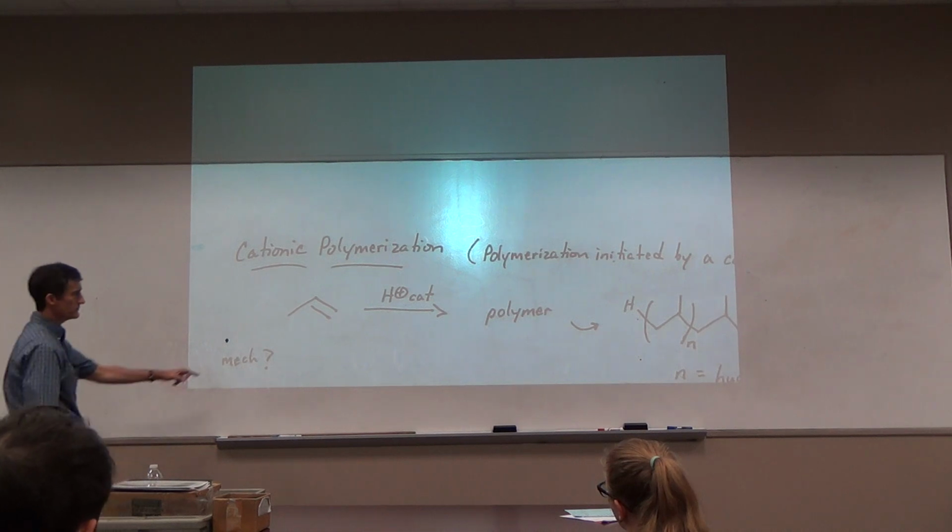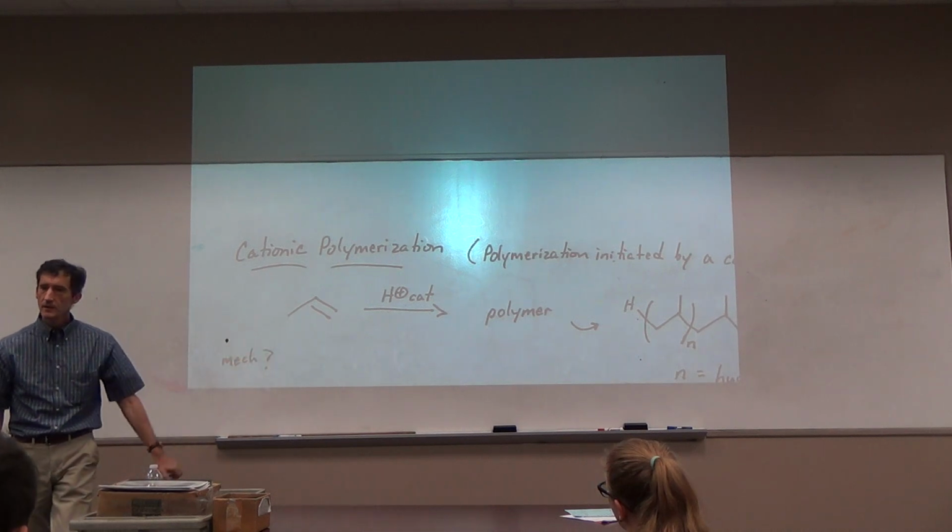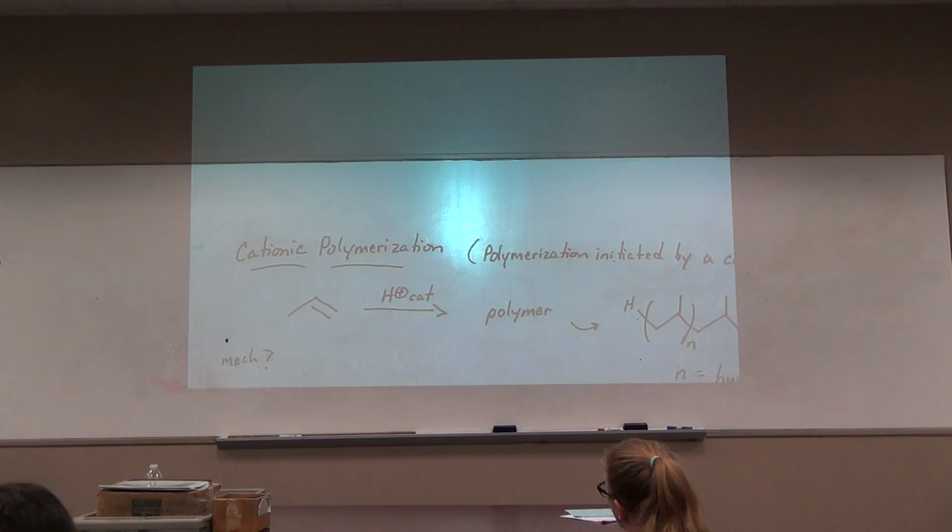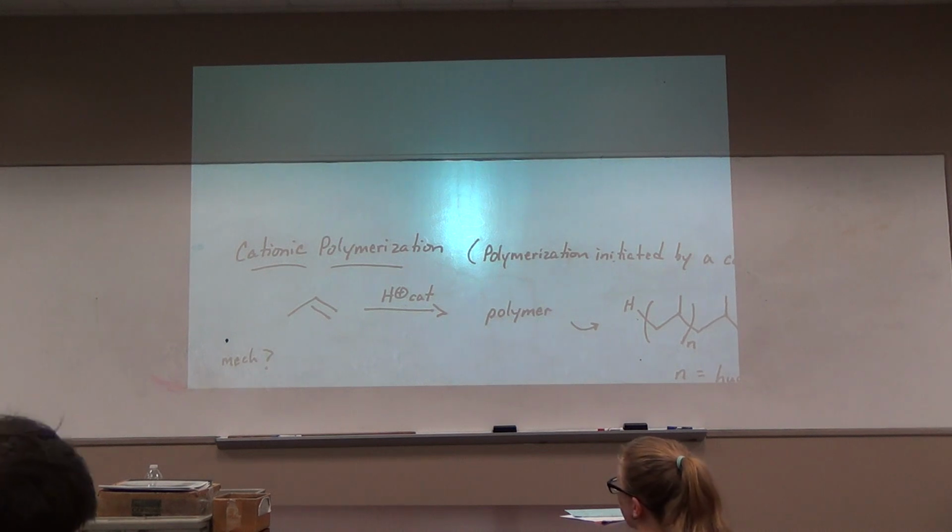What do we call this again? Propene. If you polymerize propene, what do you get? Polypropene. If you polymerize vinyl chloride, what do you get? Polyvinyl chloride, PVC.